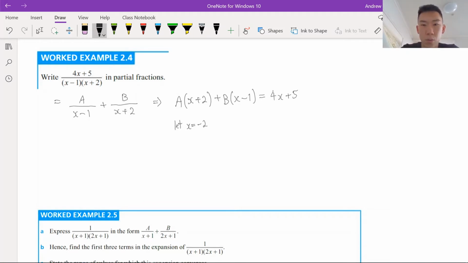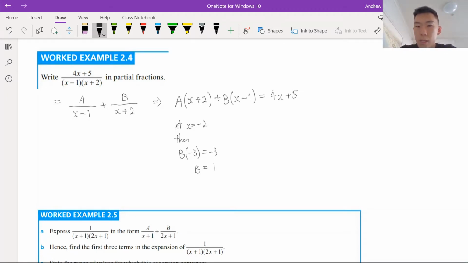So let x = -2, then our equation would become B outside of (-2 - 1), so -3, and then let's sub in -2 on the right hand side, so we get -8 + 5. So -3B = -3, therefore B = 1. We found B really quickly.